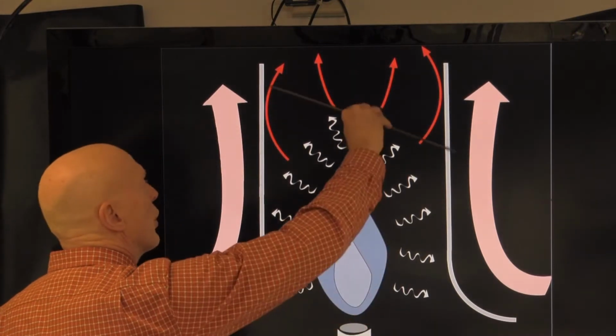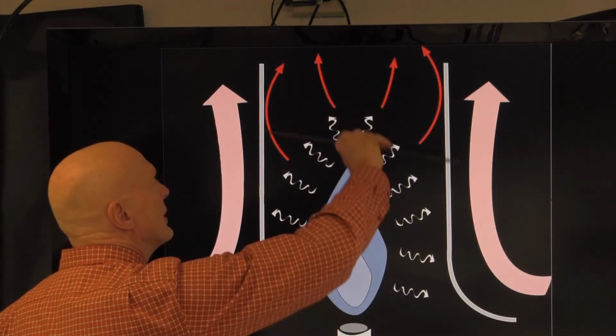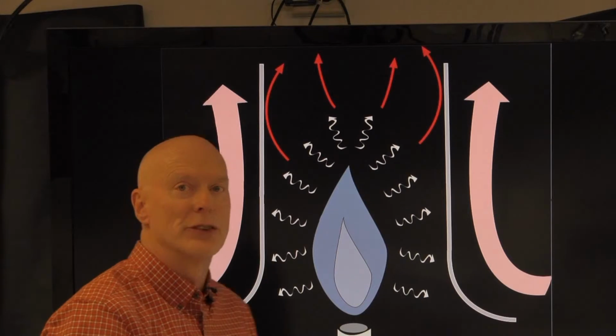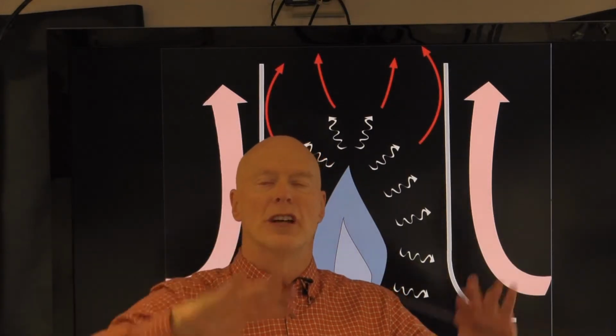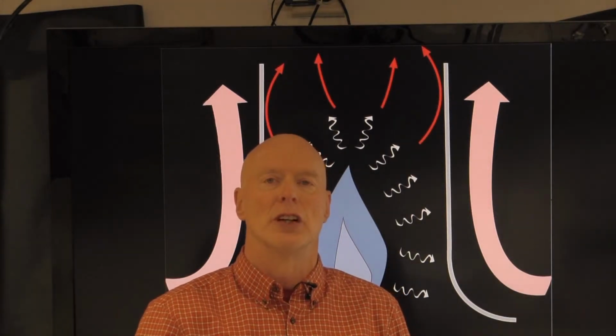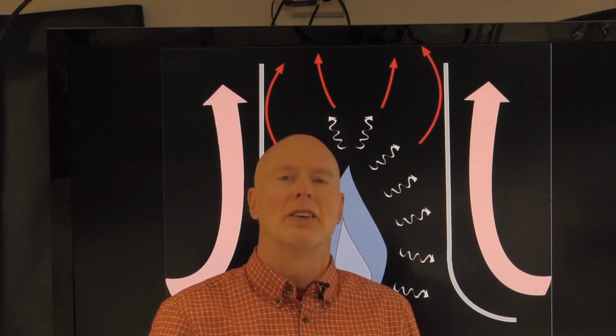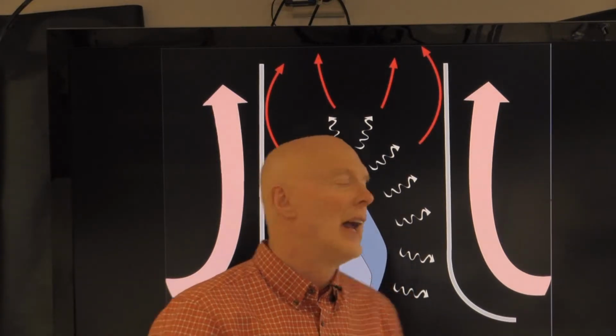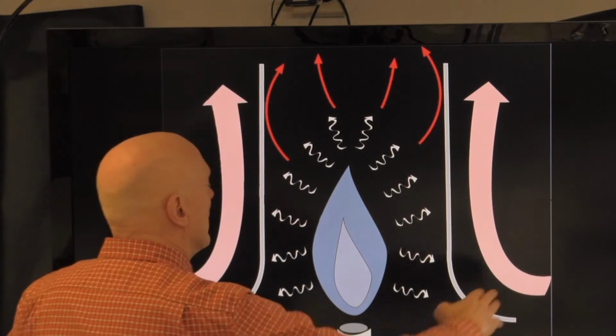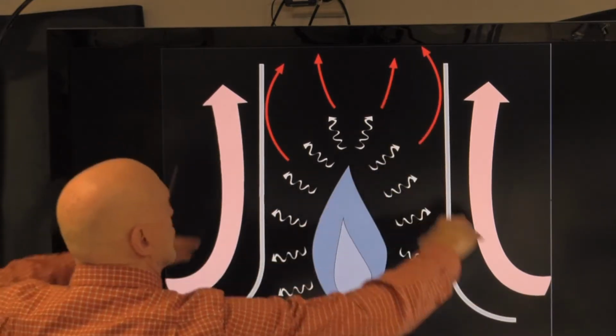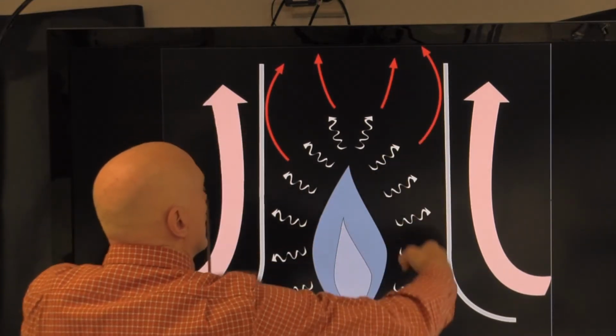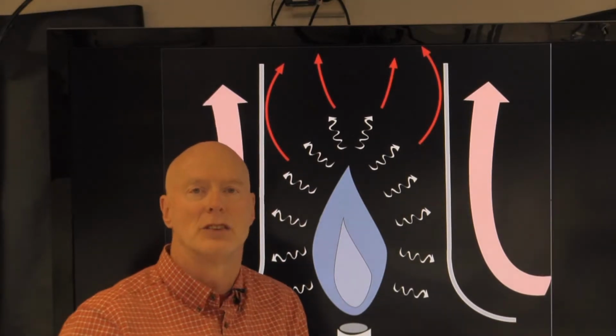But as you get further away, you've got the combustion gases, which are quite hot, and they're moving against the walls of the heat exchanger. The heat exchanger is absorbing the heat from the gases. And then, of course, the heating fluid is traveling against the metal sides of this heat exchanger.